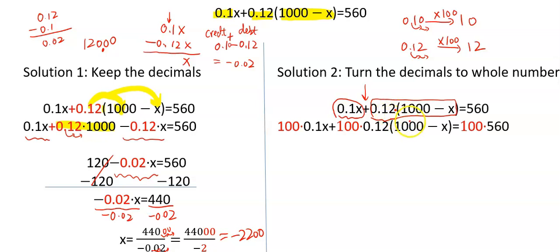What we need to be careful about is that we are not going to multiply 1,000 and whatever is in the parentheses by 100, because these two are together, and are considered as one term. And actually, whatever is in the parentheses, after we multiply both of them by 100, we're going to get 10x. So 100 times 0.1 is 10, and 100 times 0.12 is going to be 12.